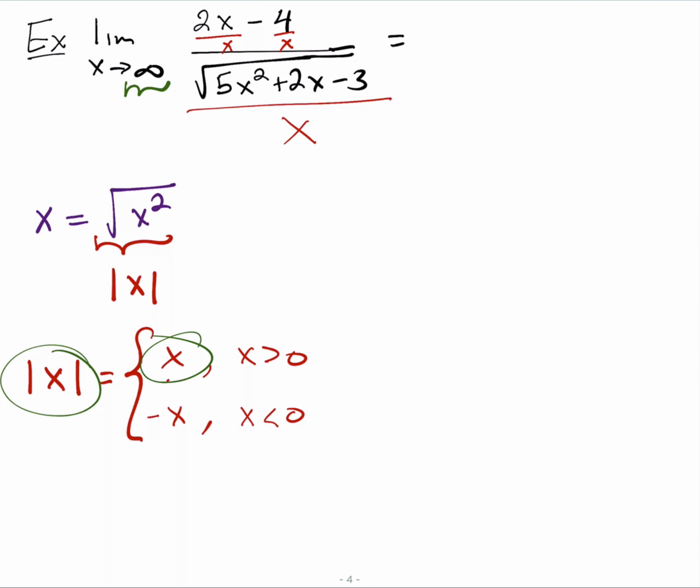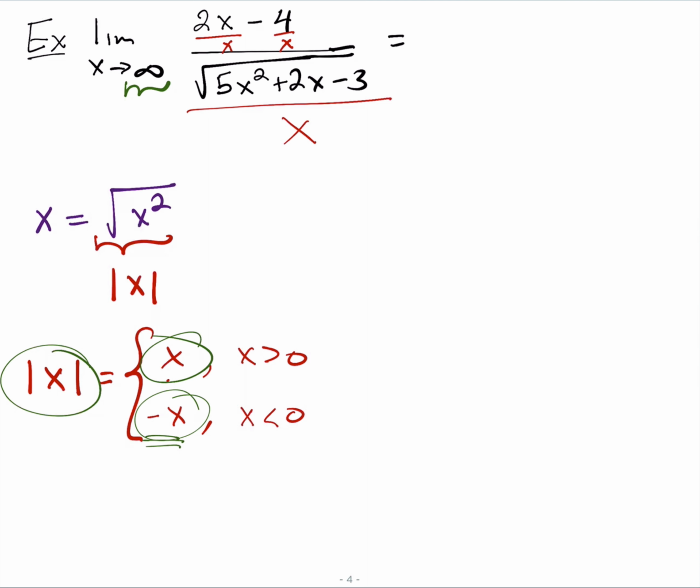If x was negative, then what would I have to do? Negative x, right? So do you guys see where we're going moving forward? After we do this problem, in the next problem x is going to go to negative infinity, and we're going to have to switch it out for negative x, right? So it's just a matter of being a little bit careful.